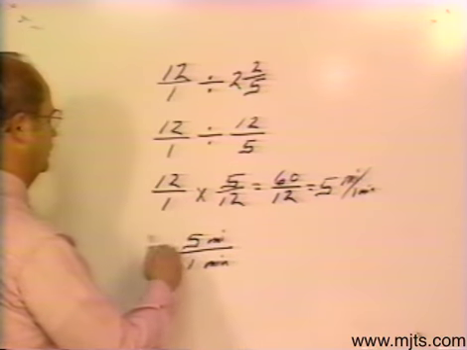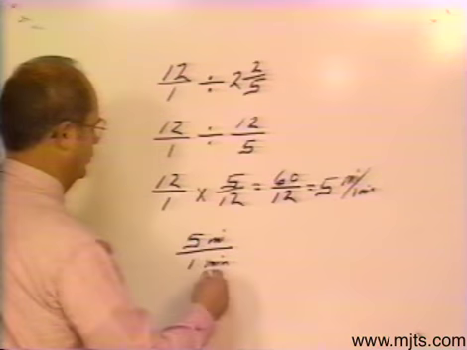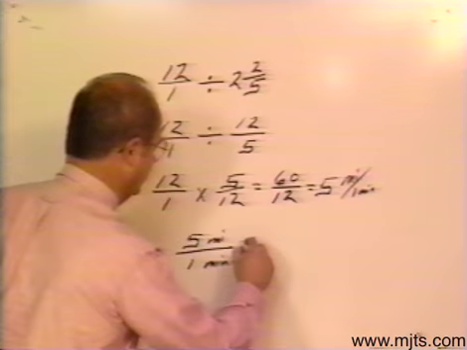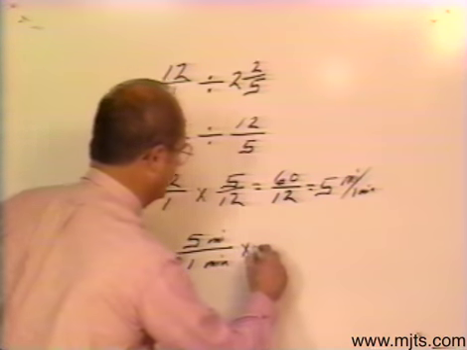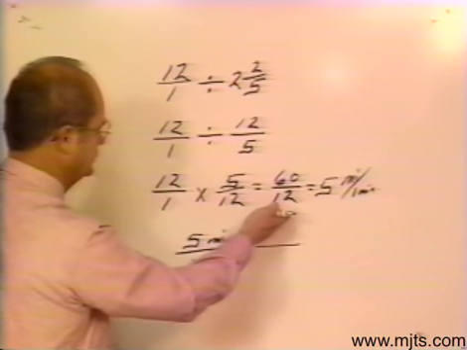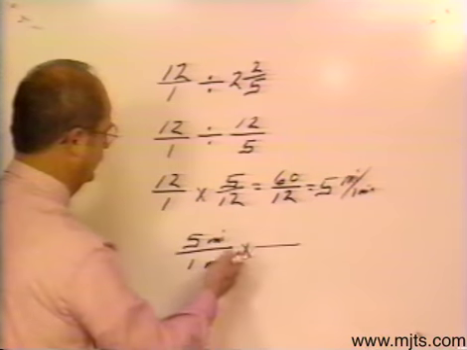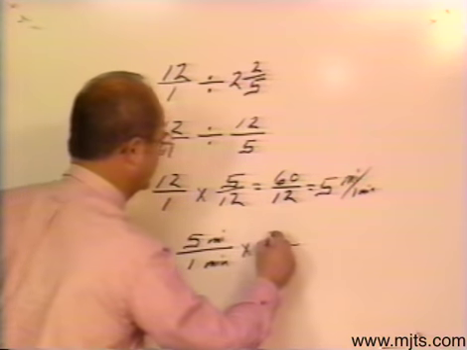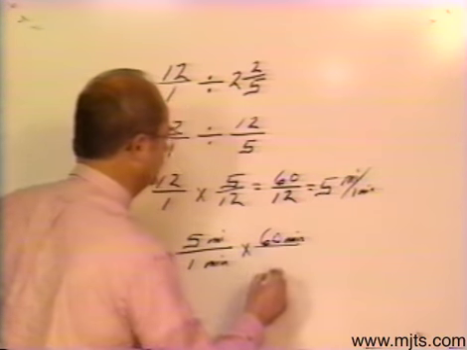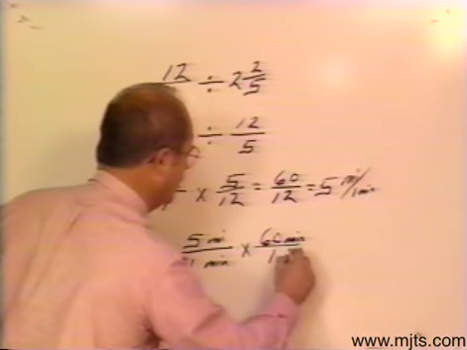If I want to convert that to miles per hour, what I would have to do is multiply it times a constant. I want to have minutes on the opposite side and hours on the other. Now, I know that there are 60 minutes in 1 hour.